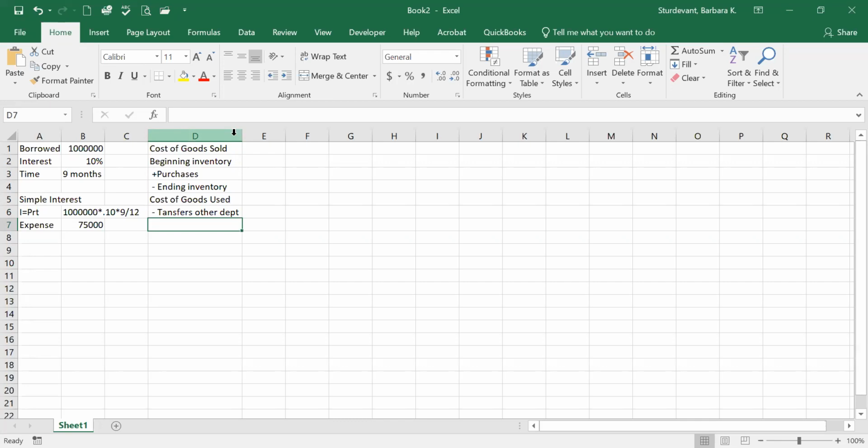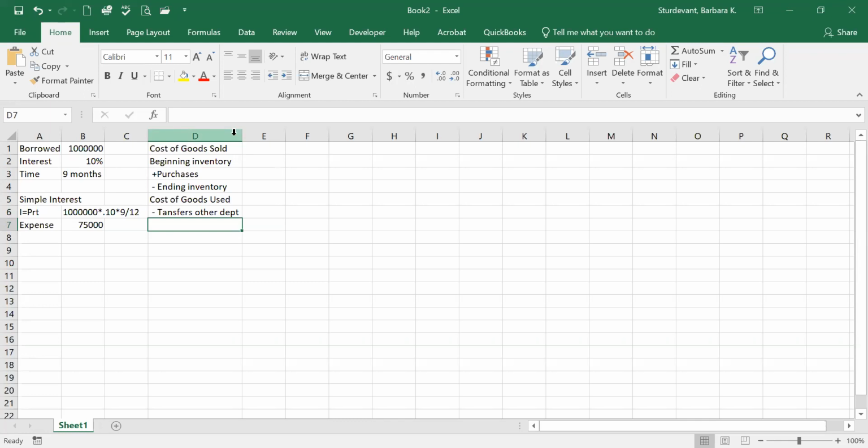So if this is the food category, we would subtract off transfers that we transferred to the beverage, to the bar. The other thing, you're not going to see that very much, if at all.